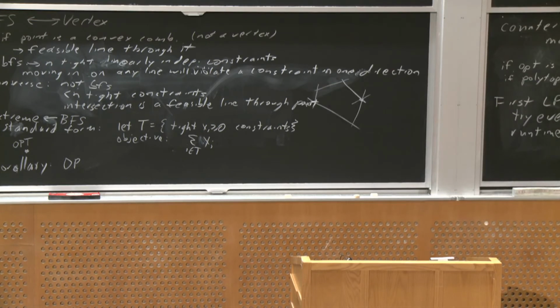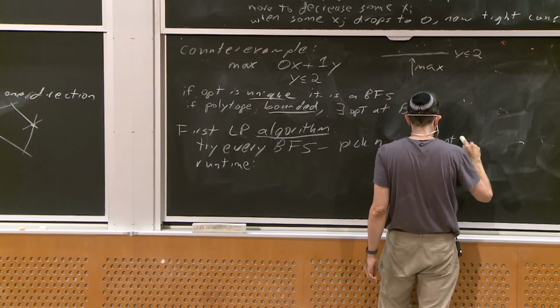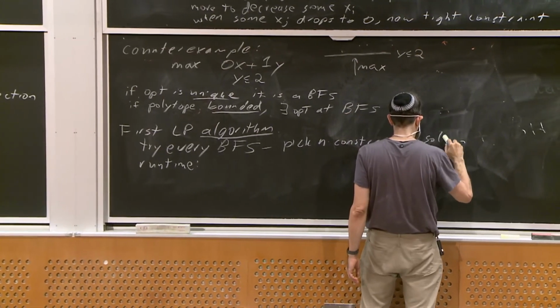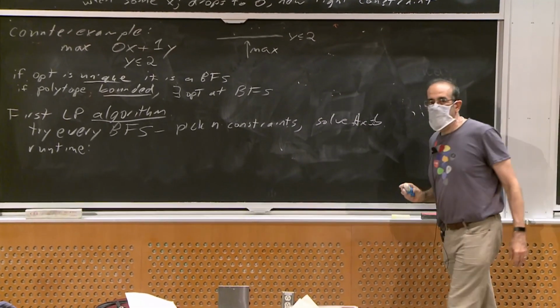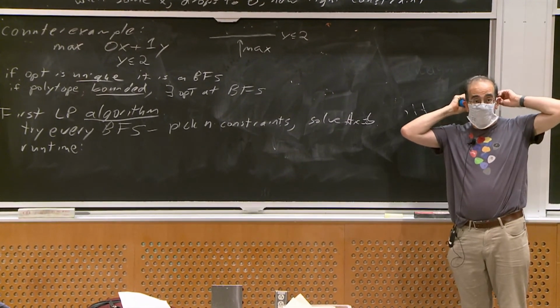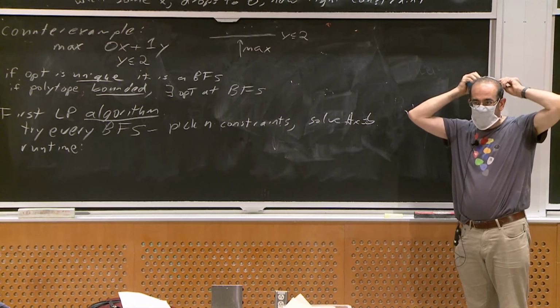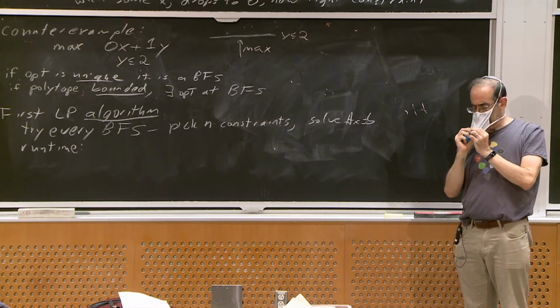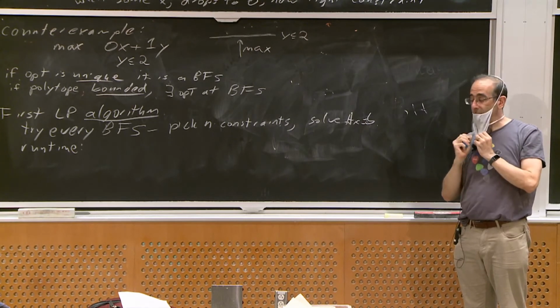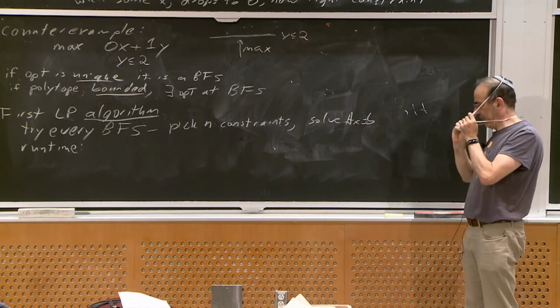So pick n constraints, solve Ax equals b, right? It may turn out that the n constraints that I picked aren't linearly independent. But that's okay. Sorry, I think I may actually have had this upside down. A sec.